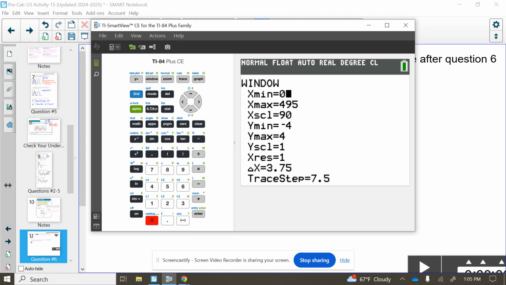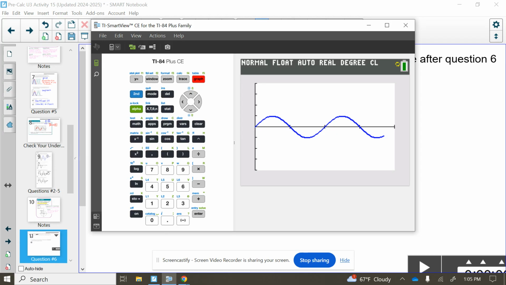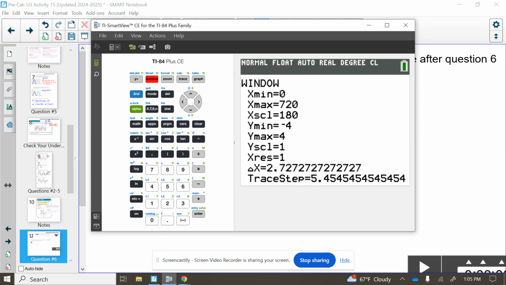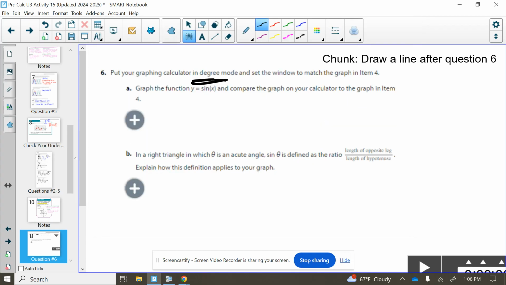If we go from 0 to 720, go up by 180, what's going to happen is our graph ends up matching, essentially, our picture. And we can also adjust this a little bit from -1 to 1, go up by 0.5 each time, then we change the y's as well. We have the exact same graph here as before. They are the same.